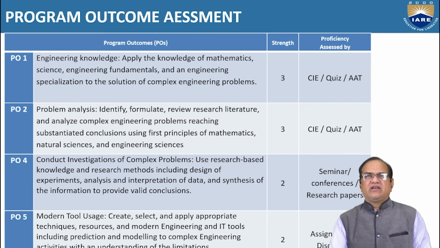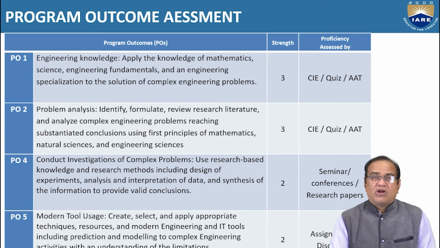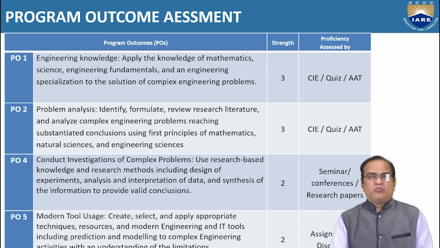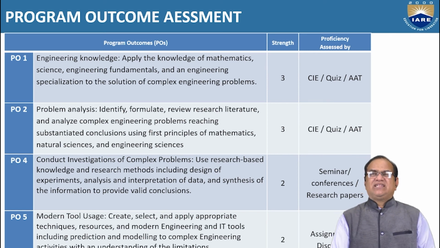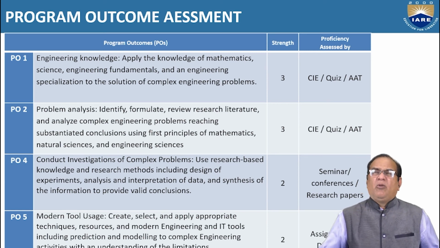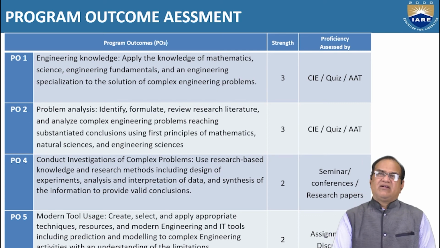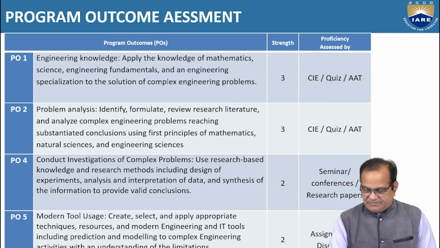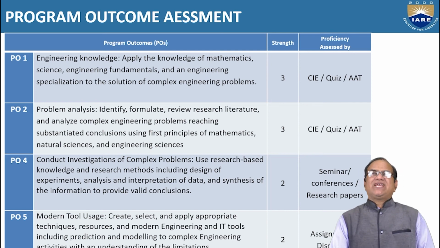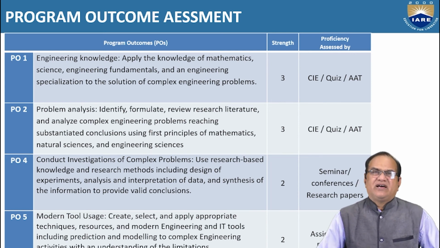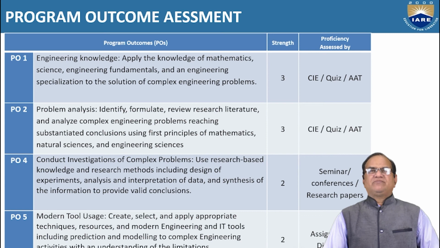So if you see here, program outcome 1, program outcome 2, program outcome 3, program outcome 4, I will be going one by one, and you will see the strength and proficiency assessment, how we are going to assess all these program outcomes. The first is engineering knowledge.